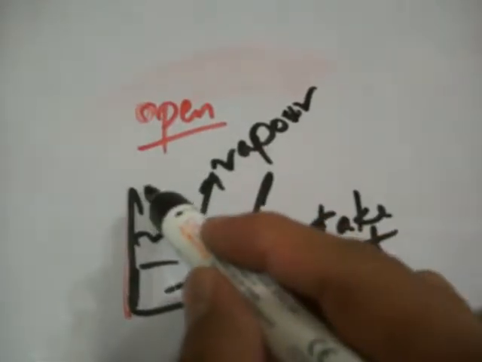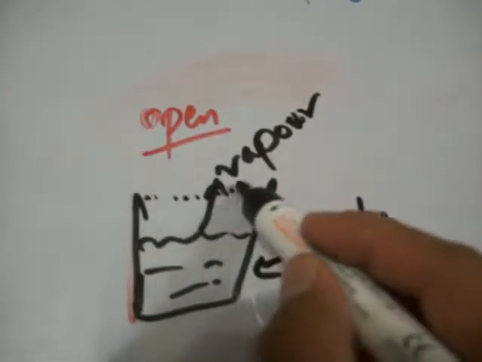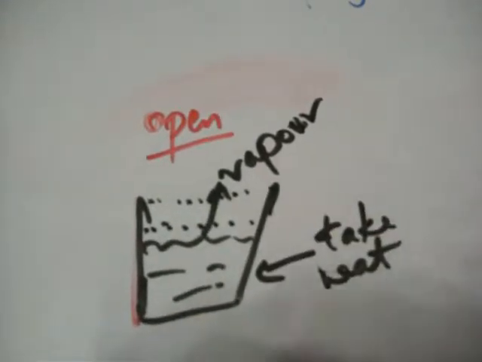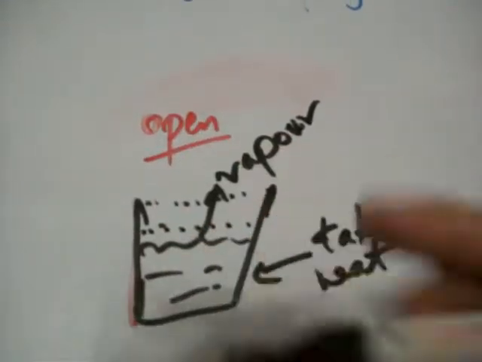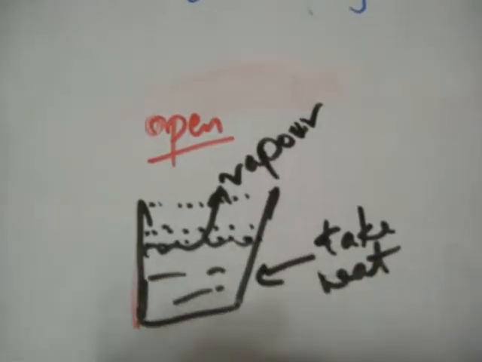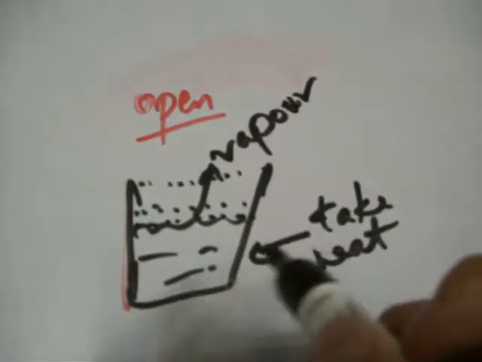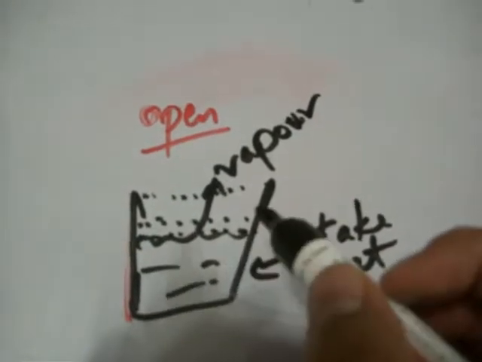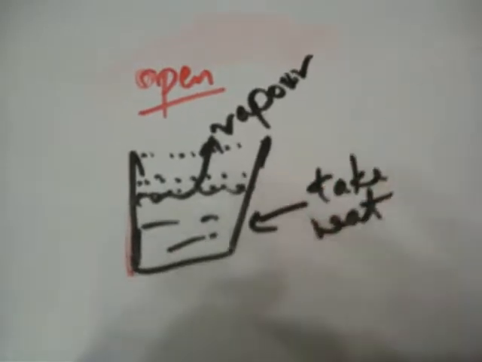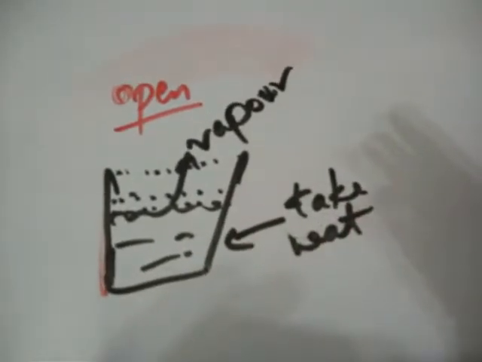Let's consider this as an imaginary boundary. You can also consider this as an imaginary boundary, anywhere at the interface, even very close to the surface, because the vapor starts right from there. So it takes heat and vaporizes. So basically it is exchanging both heat and matter.